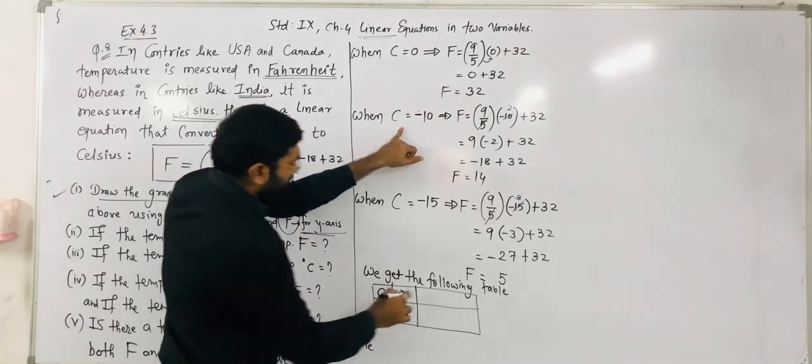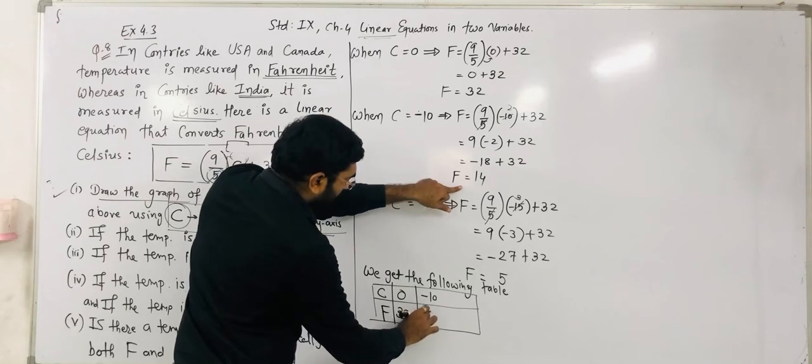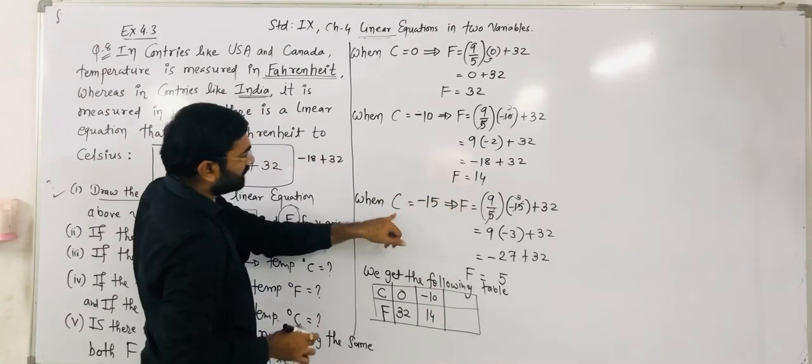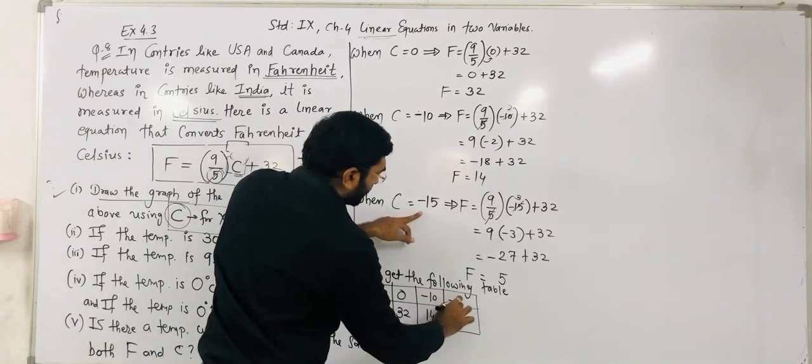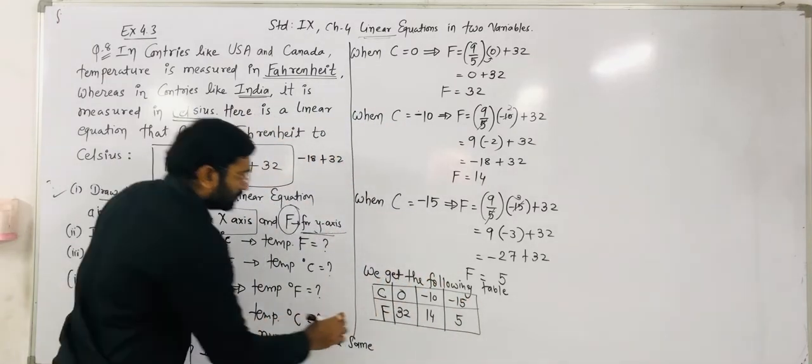When the Celsius value is minus 10, we get Fahrenheit 14. When the Celsius value is minus 15, we get Fahrenheit 5.